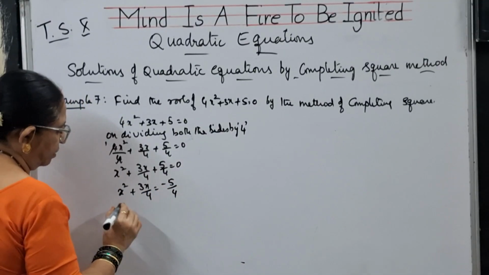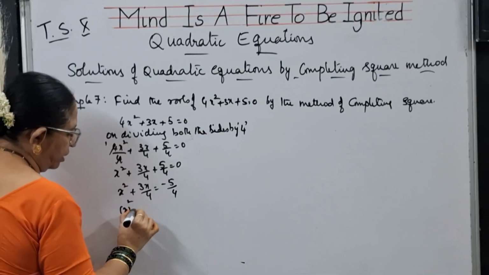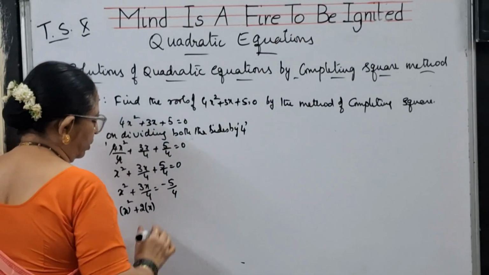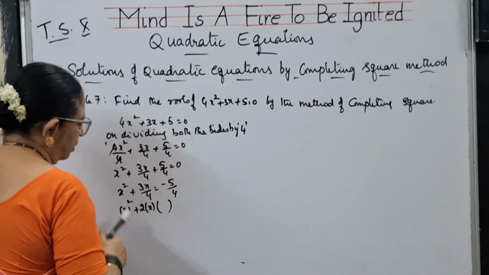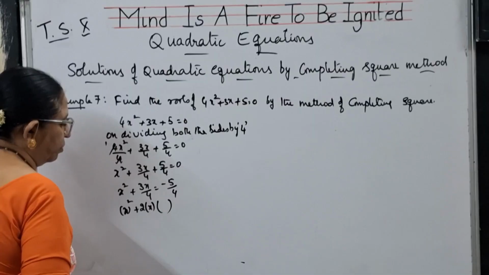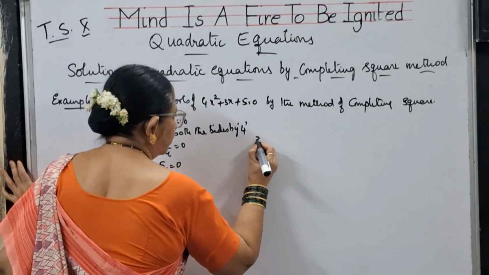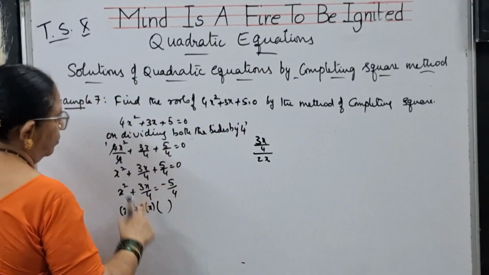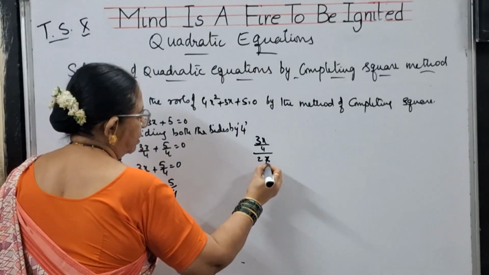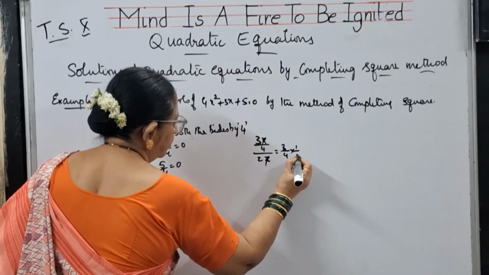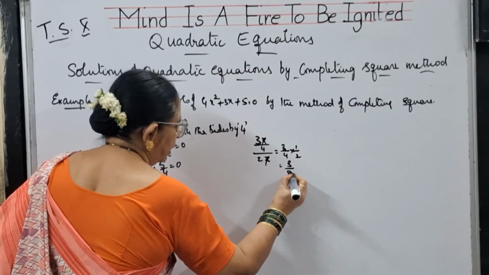So x square can be written as x whole square plus 2 into x into b, you have to find out what it is. 2 into a into b, then you can go for b square. So 3x by 4 divided by 2x. Always we will be dividing by 2x only, children, here. So what am I getting? 3 by 4 into 1 by 2, that is 3 by 8.